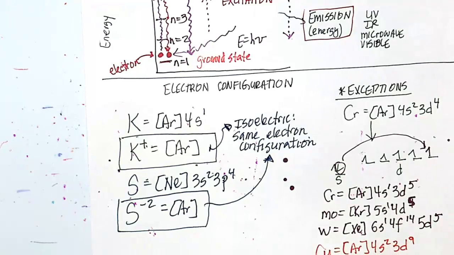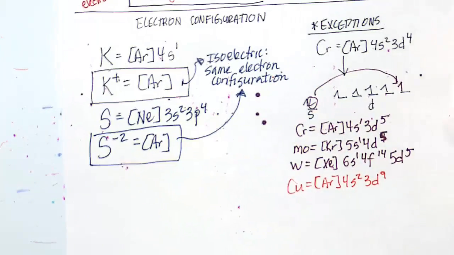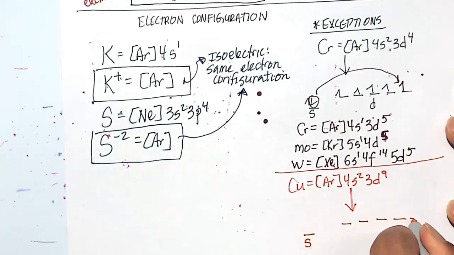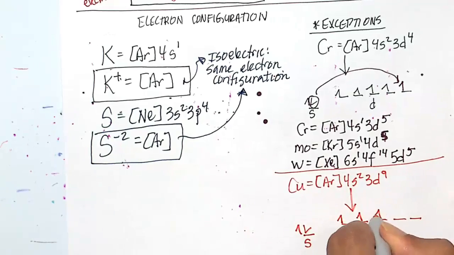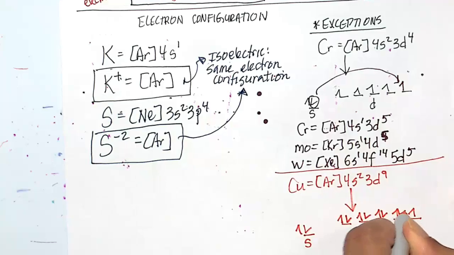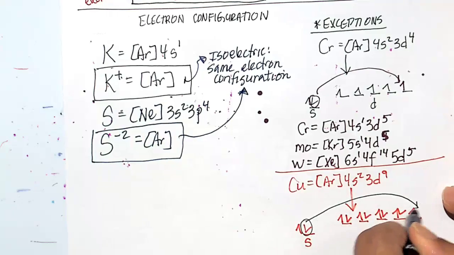But that's not the electron configuration. What happens here? One electron is promoted, from the 4s into the 3d, and this just happens on its own, self-promotion.